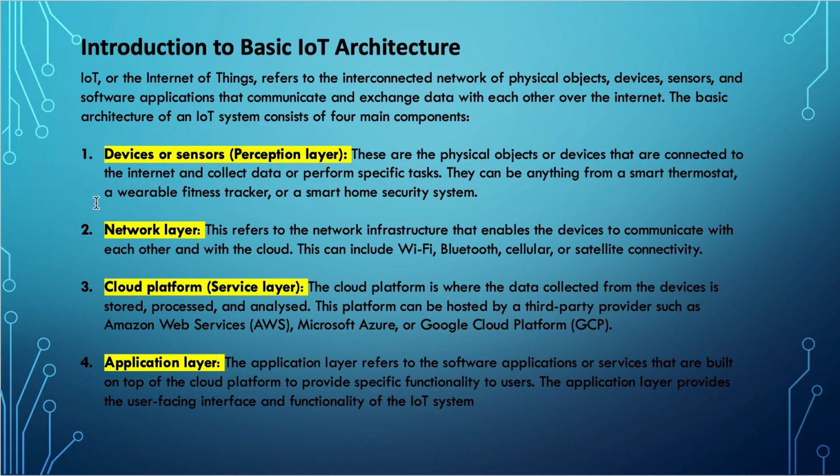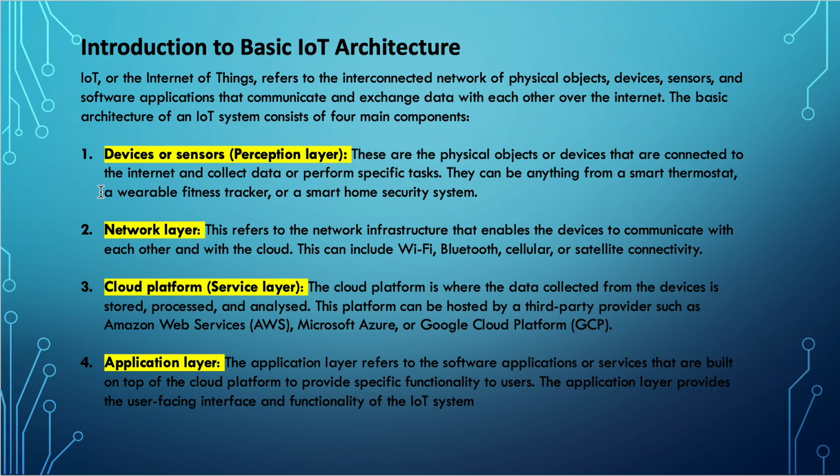Number one, we call it the perception layer, which is the devices or sensors. This is the perception layer, which is the devices or sensors. That means the hardware component of it.